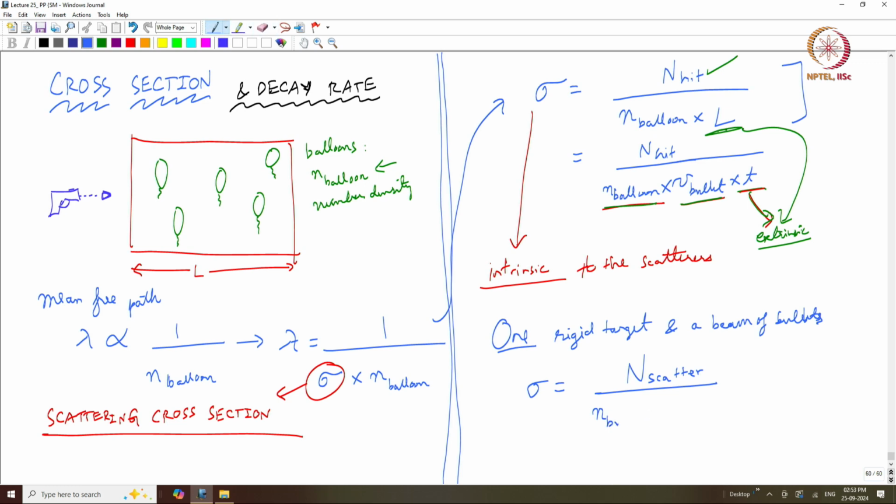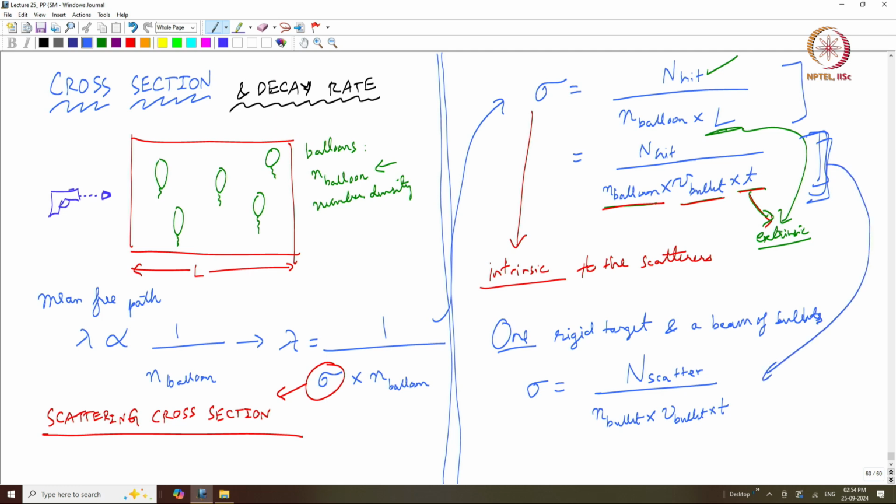The number density of the bullet beam actually. Then this is the equation that I'm generalizing. Then I have V bullet times time. So this is what I've rewritten here.